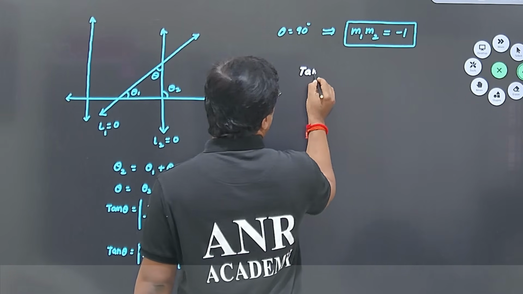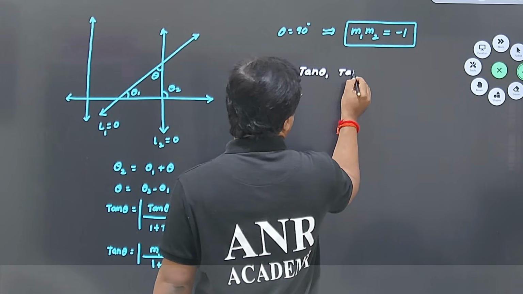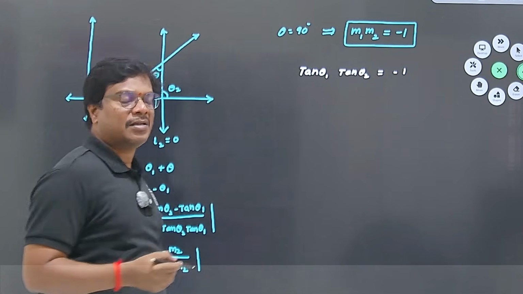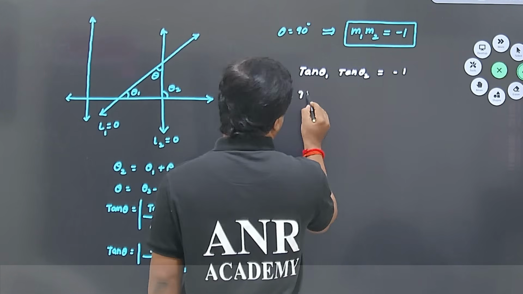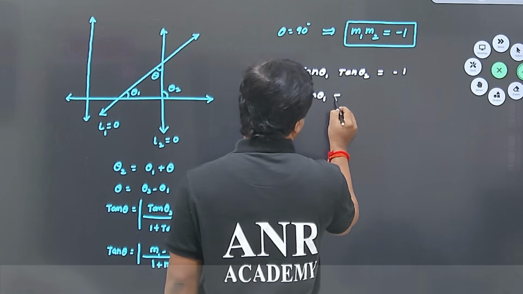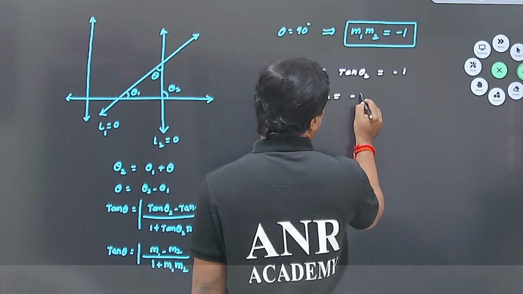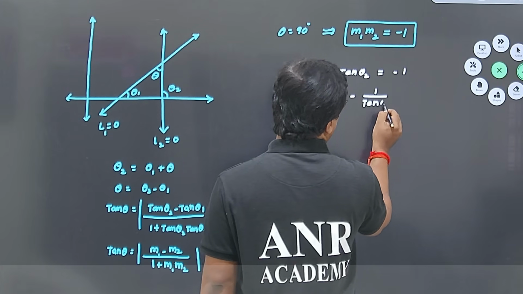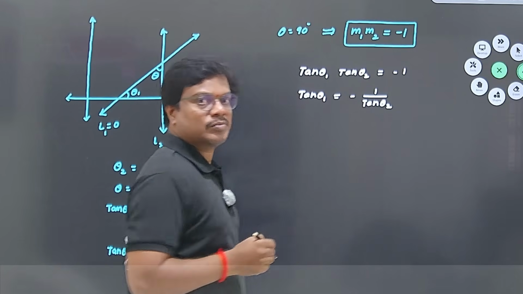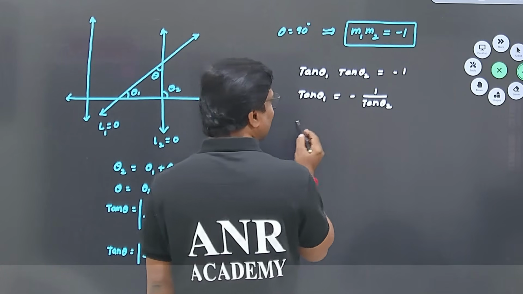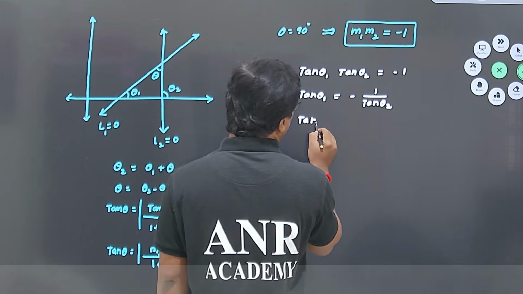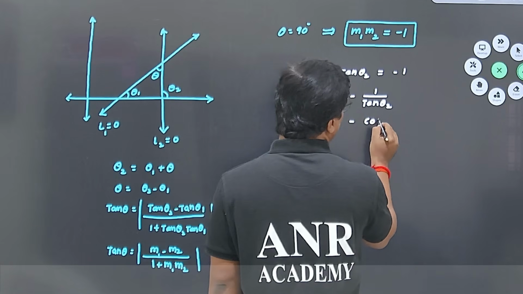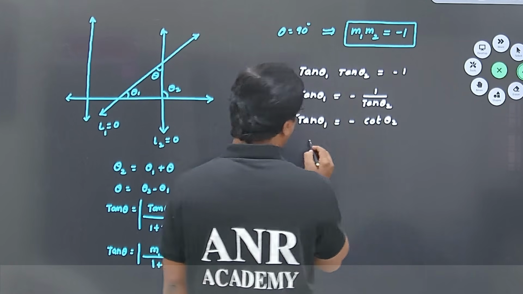Since tan theta 1 multiplied by tan theta 2 equals negative unity, I can write tan theta 1 equals minus of 1 by tan theta 2. Also you can write tan theta 1 equals minus of cot theta 2.